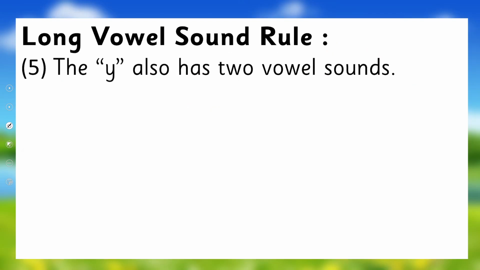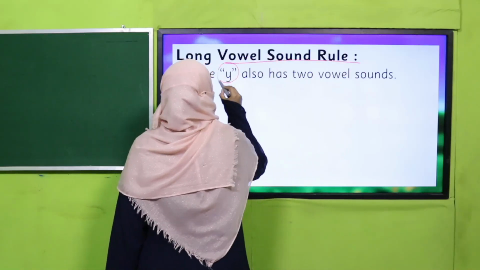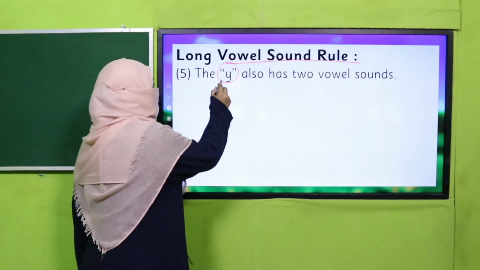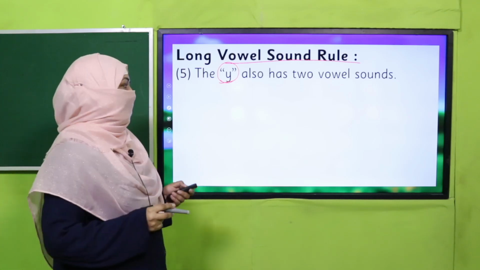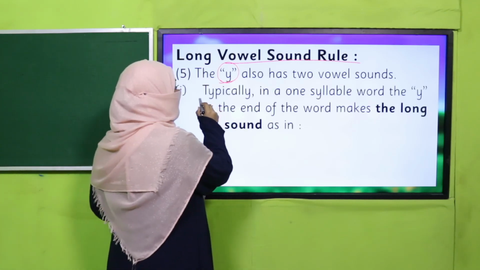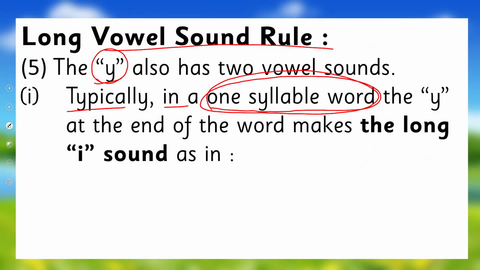And the last rule for today is the long vowel sound rule for Y. Y is a very interesting letter because it sometimes has a vowel sound, typically in one syllable words. Now we have learnt about syllables. We divide words according to vowel sounds.